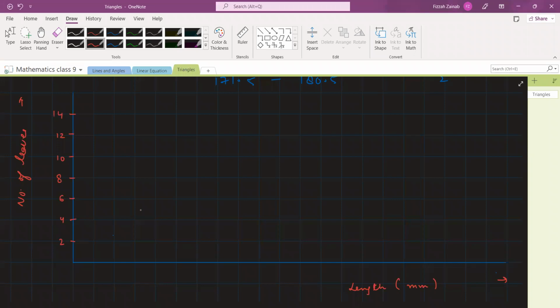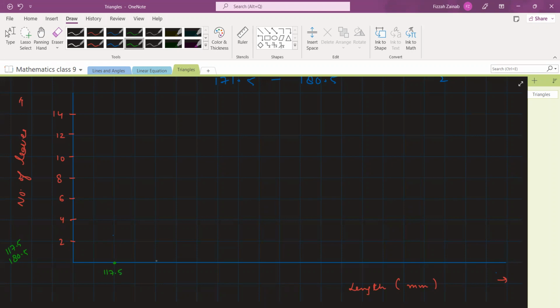Okay. Now in your data, the lowest value is 117.5 and the highest is 180.5, right? Now how to plot it? You don't have to start from 0 here. You can start from the lower limit, which is 117.5, right?